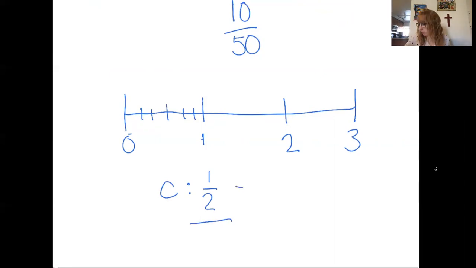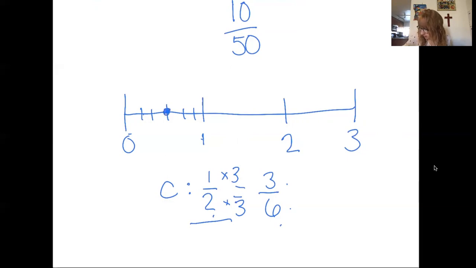So 1/2, if I wanted to write it as a sixth, to get from 2 to 6, I multiply by 3. And again, just like always, we multiply the numerator and the denominator by the same number. So 1 times 3 is 3. Now I have 3/6, okay? So I go up here and I count from 0, 1, 2, 3.